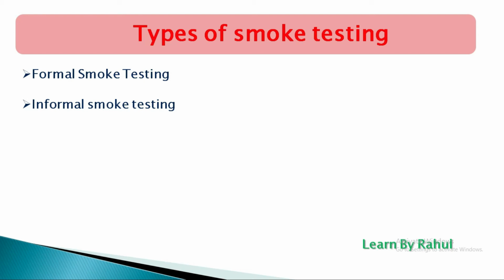In informal smoke testing we don't have any smoke test cases or scenarios. On the basis of the QA's or tester's experience, he starts testing in an informal way, without any scenarios and test cases. That comes under informal smoke testing.